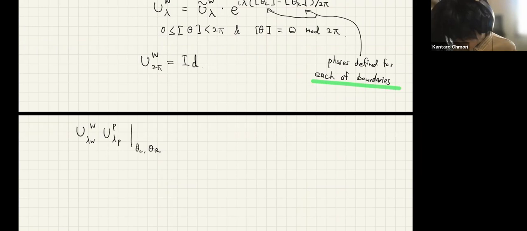So consider the composition of the commutation between the winding U1 and momentum U1 acting on intervals.